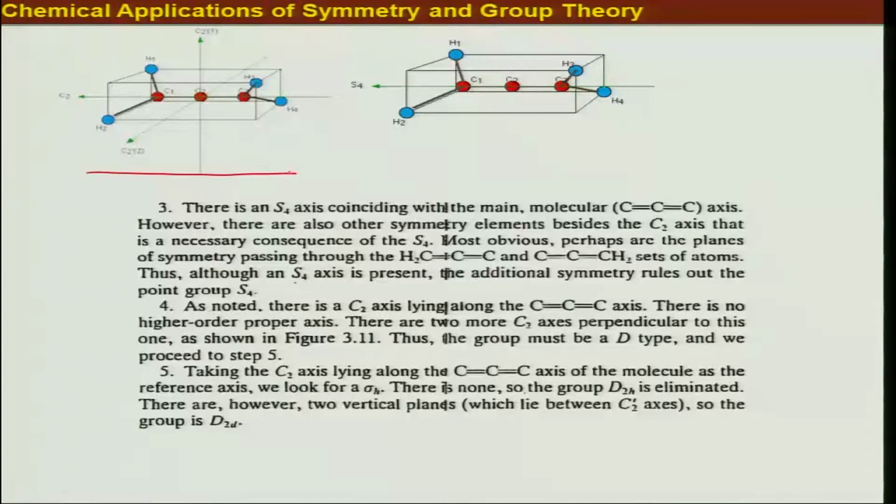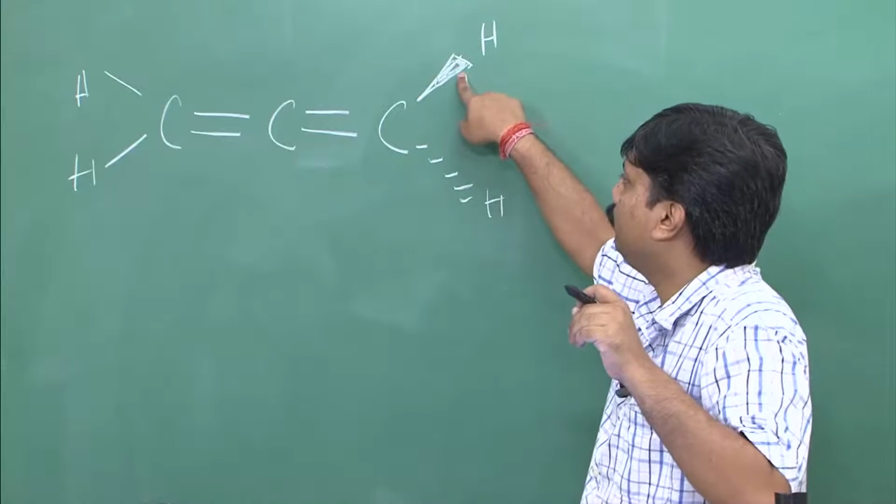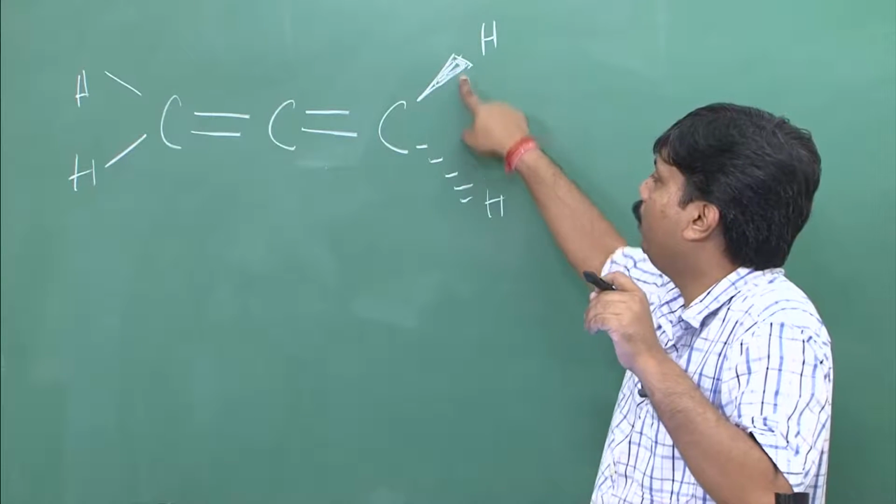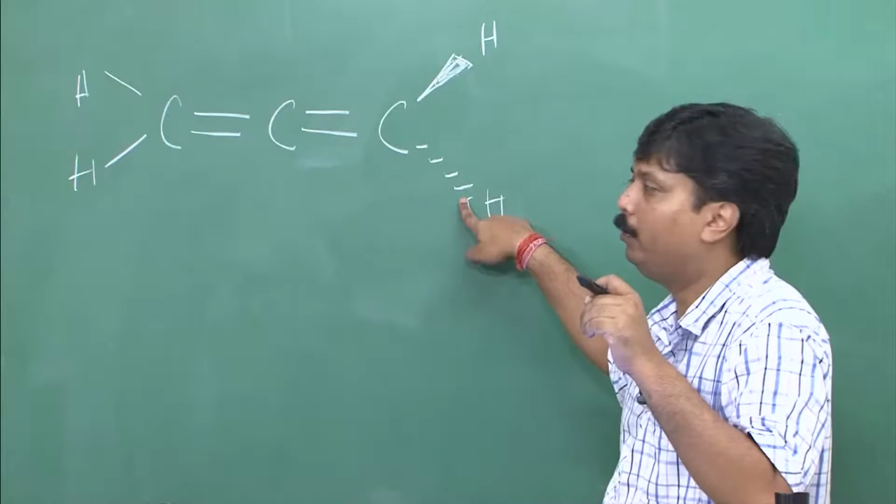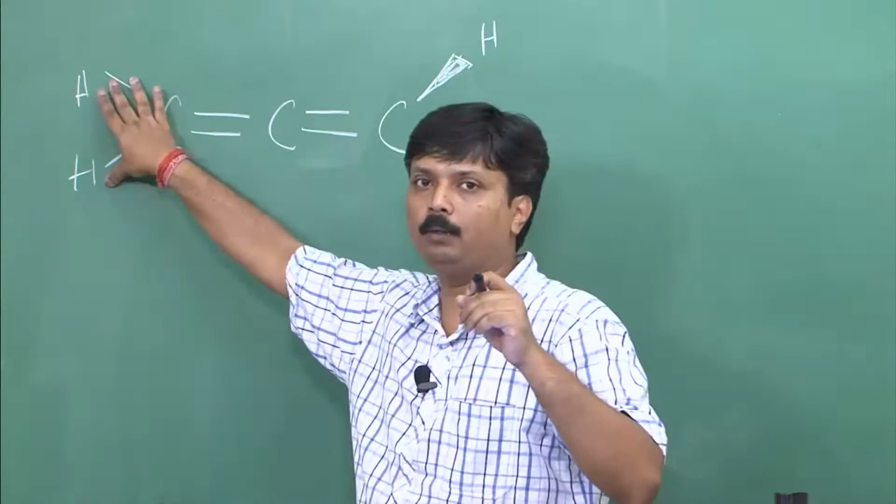So you can see the one that I was talking about. One CH bond is above the plane of the board, another is below the plane of the board, and these two CH bonds are on the plane of the board.